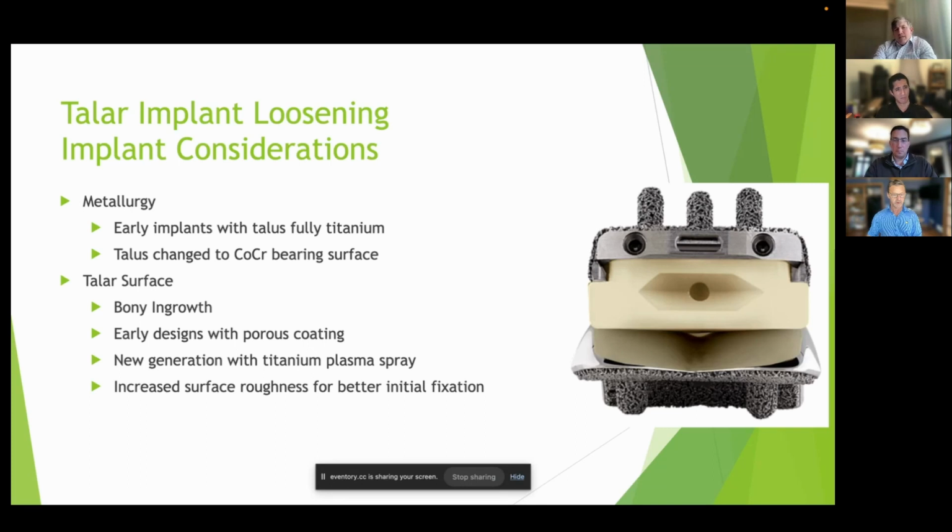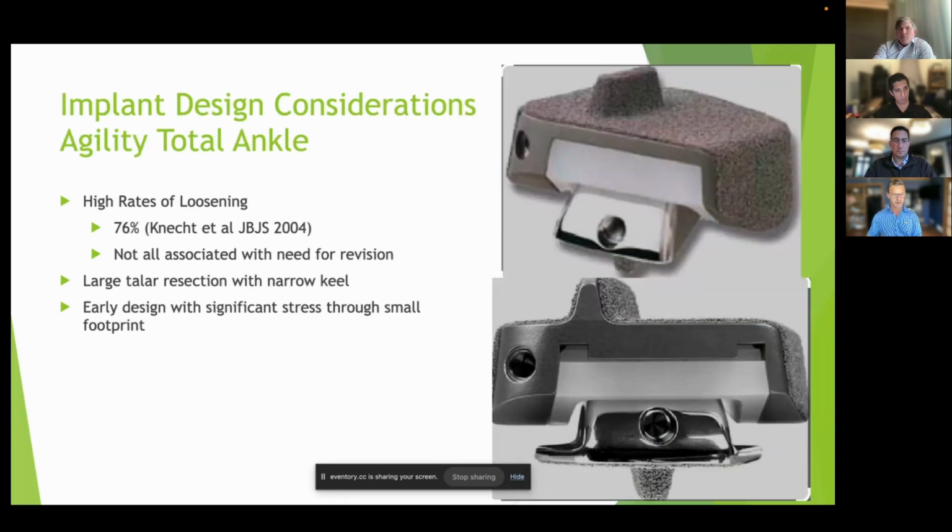Then we moved to a titanium plasma spray that has better properties for bony ingrowth. And then the particular implant shown here has started to move towards much increased surface roughness, which can assist with time zero fixation and potentially mitigate some of that micromotion at the interface that can cause the lysis.